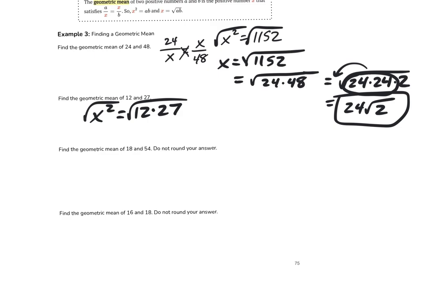Here's where I'm going to start to break it down a little bit. So the first thing I would do, I could break 12 up into 3 times 4. What's something that goes into 27? 9 times 3. And you got a couple of options here.